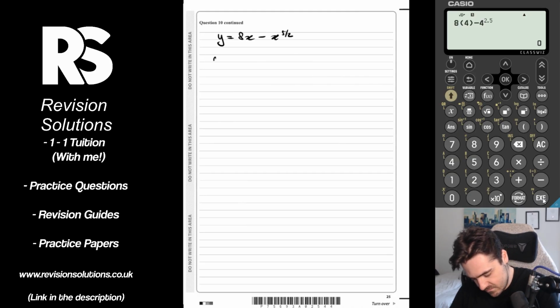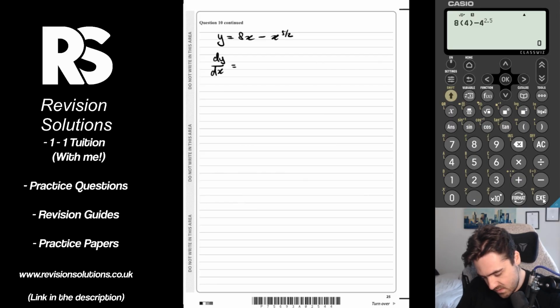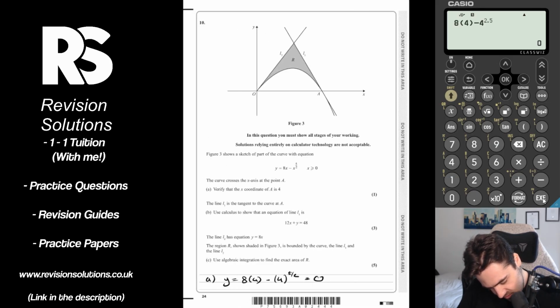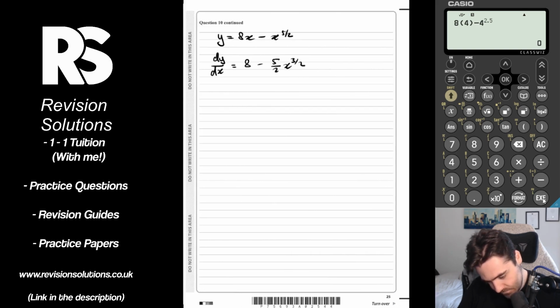So our derivative, dy by dx, is going to be 8 minus 5 over 2 x to the 3 over 2. And we're interested in the tangent at A, so that's our x-coordinate of 4.